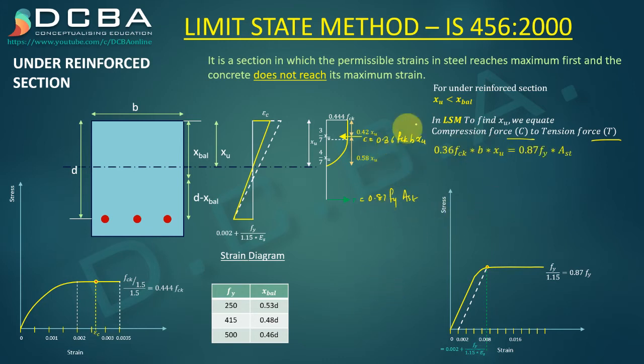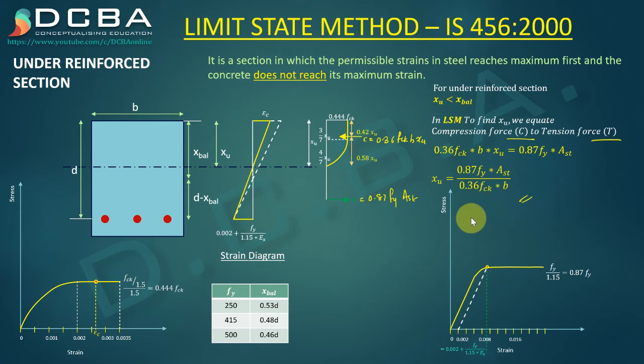So when I equate these two, the only thing that would be unknown would be XU, because the width b we would be knowing. The grade of concrete, grade of steel, and area of steel will be known. So XU is 0.87 fy Ast upon 0.36 fck b. This is the formula using which we will be finding our XU, and when we compare it with the X balance, we'll know whether it is an under reinforced section or an over reinforced section.